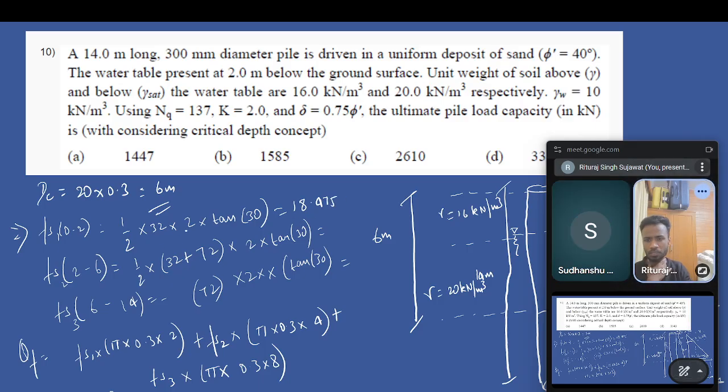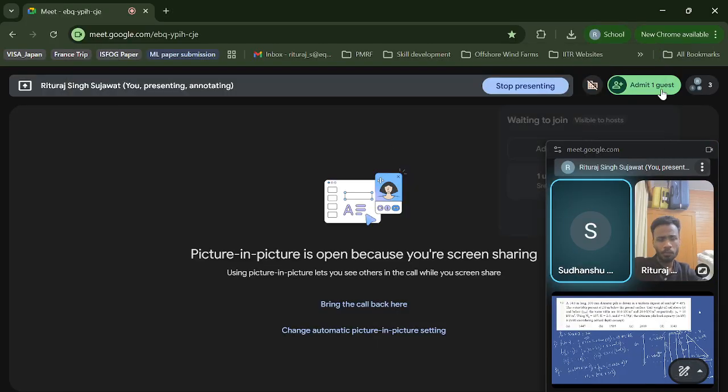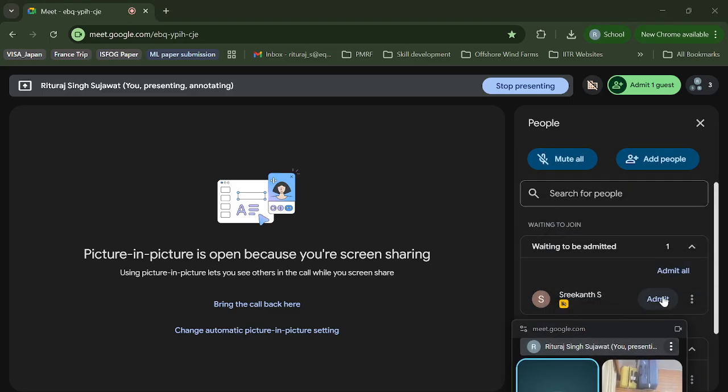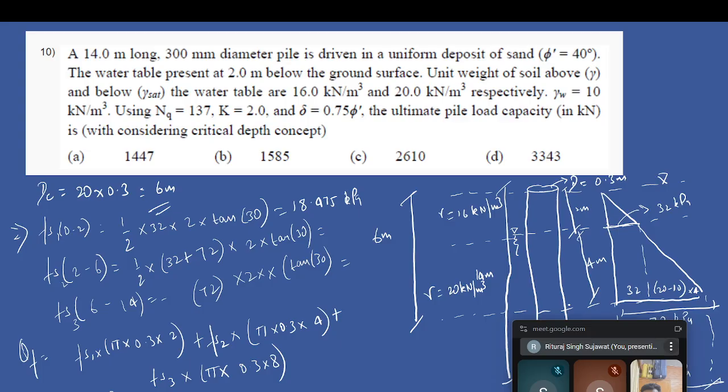This will be your kp, and this is your half into 32 into k sigma dash v. So this will be your 18.475 kp.